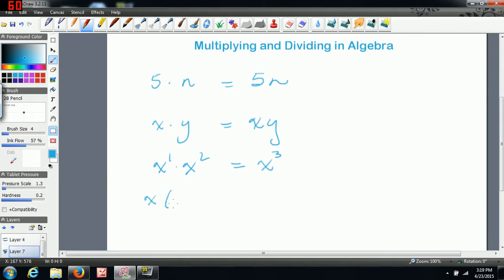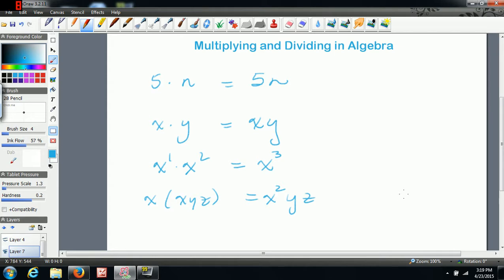If you do x times x, y, z, this x and this x becomes x squared. You add the exponents and you just collect it with 1x, and then the y and z just attach to that. So that's just how you would be multiplying in algebra.